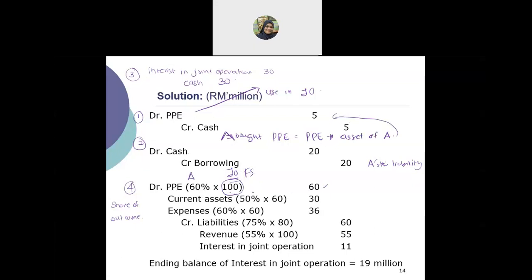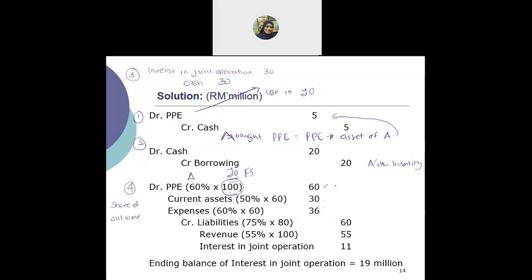For current asset, the amount here is 60 and A has 50% joint control, so you need to multiply by 50%, so you have 30 here. Expense here is 60%. Liability here is 75% times 80, so we have 60, and then revenue 55 times 100, so 55 here.